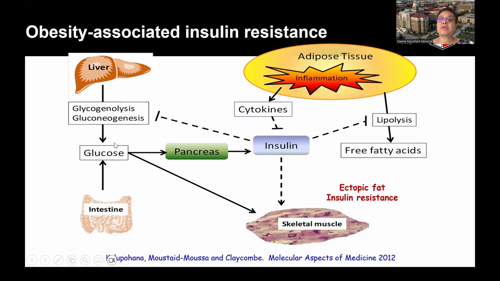So this leads to more glucose produced by liver through gluconeogenesis and leading to higher, chronically high levels of circulating glucose. And this will affect the ability of muscle to utilize glucose when insulin is not effective. In addition, by having less effective insulin or decreased response to insulin, the adipose tissue is going to break down more of those lipids and triglycerides through lipolysis.